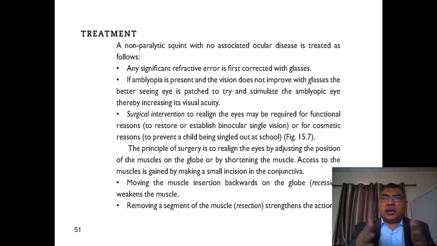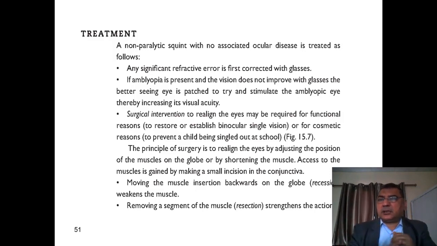If we find that the eyes are corrected but there is defective vision in the deviating eye, this is called amblyopia. So we have to put an occluder in front of the sound eye to force the amblyopic eye to get the fixation for a few hours of the day, and then when the vision improves after a few weeks, we are going to stop this occlusion therapy.